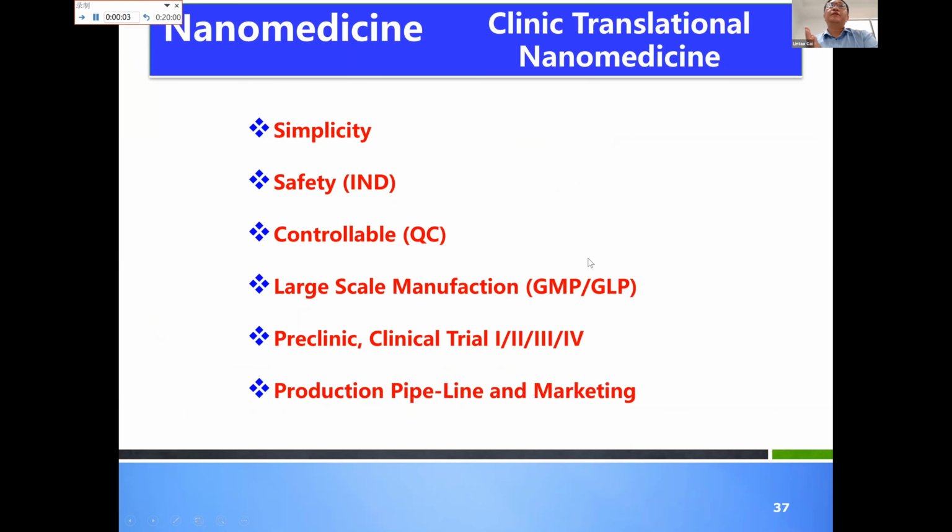Finally, I want to say we need to bring our technique to clinical applications. For clinical translation, we need the system to be simple, safe, controllable, with large-scale manufacturing, and also a very good production pipeline and marketing.